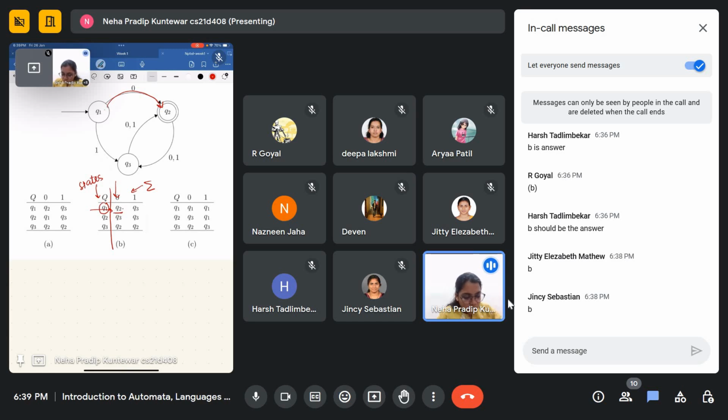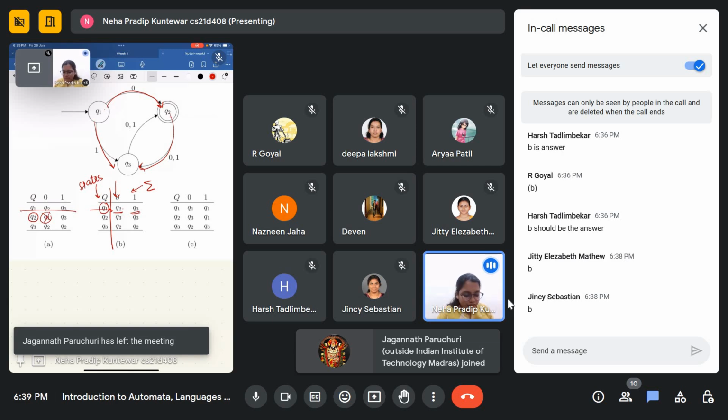Similarly, if you are in q1 and you read a 1, then you reach state q3. Now if you check between option A and B, the first entry is right for both. But if you look at the second entry, that is, if you are at Q2 and you read 0, then you end up at state Q3, which is not the correct entry in the first table.